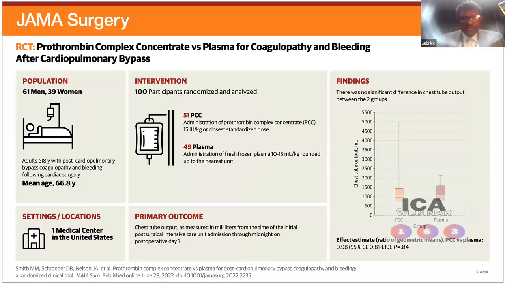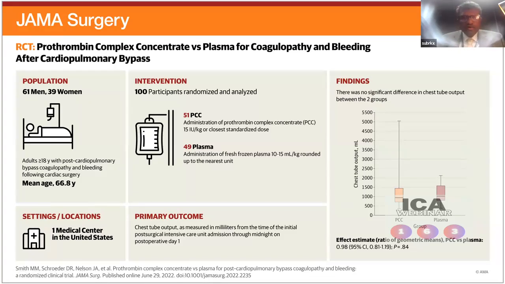Again, the plasma group received 10 to 15 ml per kilo rounded to the nearest unit. And they have shown non-inferiority, no significant difference in chest tube output or transfusions in those 2 groups. So PCC is as effective.